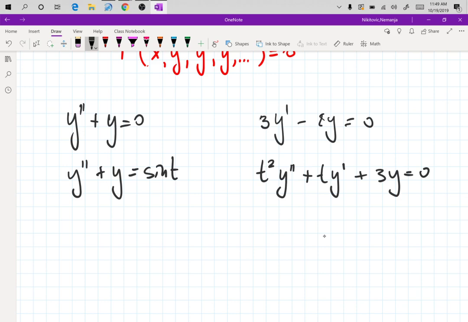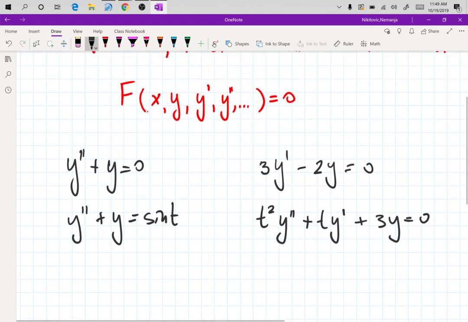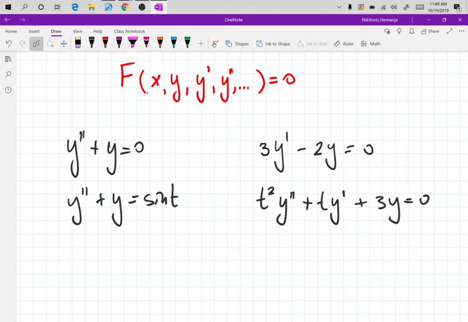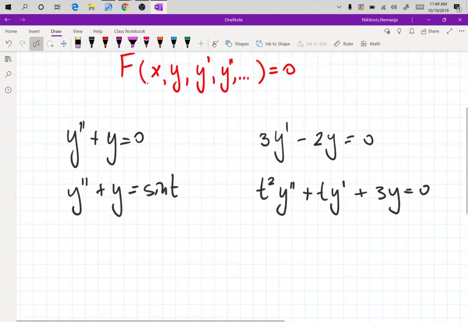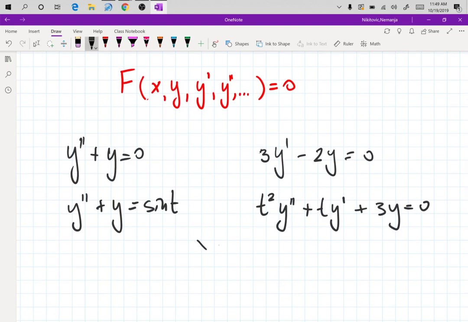So all of these are differential equations, and as you can see, they contain an independent variable, which would be t in this case. They contain a function, which is y. Y is f of t. So over here, for these two, let's put two arrows like that, and say y is some function of t.